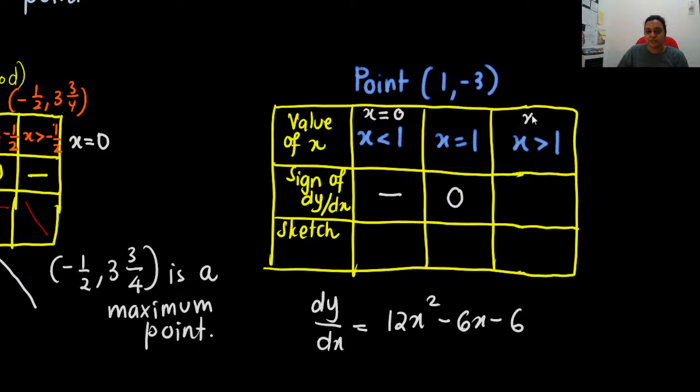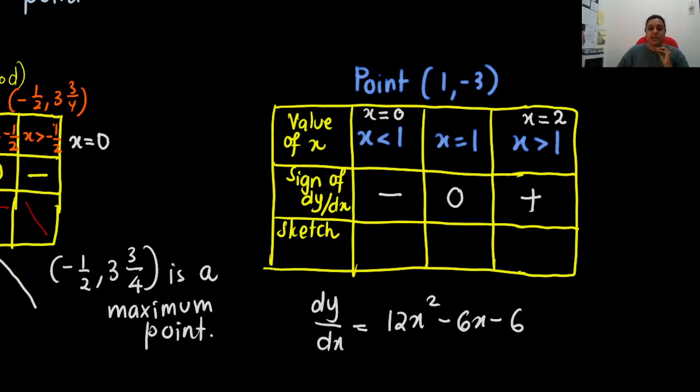Now I'm going to choose a number bigger than 1, so just choose one number bigger, let's say 2. When teacher substituted 2 just now, I was getting a positive value, right? 12 times 2 squared minus 6 times 2 minus 6, I'm getting 30. So this is positive.